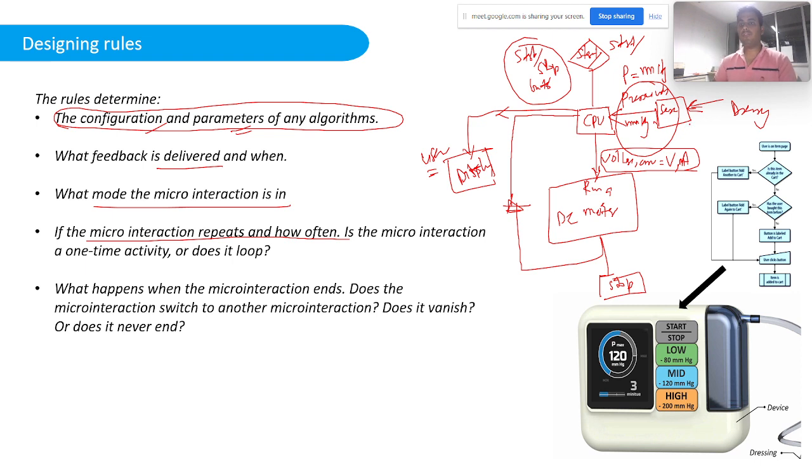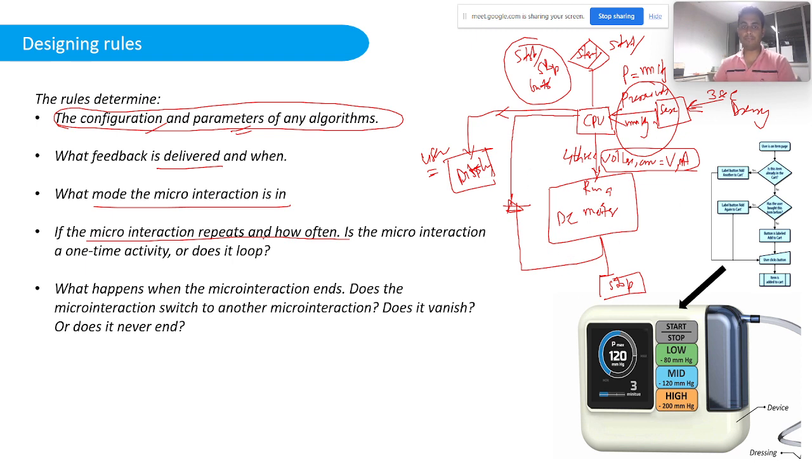So the frequency at which it reads the sensor, say every 3 seconds, the CPU reads the sensor value, and then at every fourth second it sends the information to the DC motor that now you run at this particular voltage or current. So rules also determine how you will repeat a particular action or a particular loop in an algorithm.